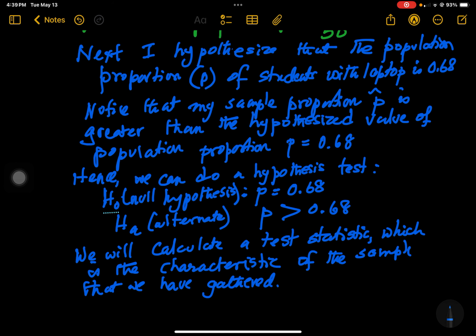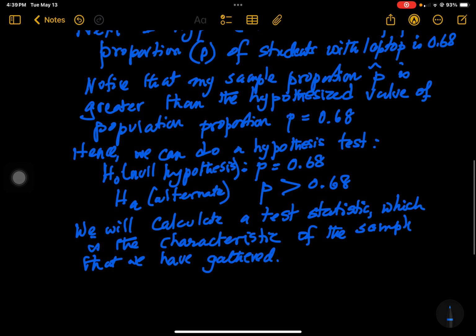How do you calculate the test statistic? That is my next question. The test statistic is a characteristic of the sample that we have gathered. Basically, we will compare the sample proportion to the hypothesized value of the population proportion. Sample proportion came out as 0.7, population proportion hypothesized is 0.68.